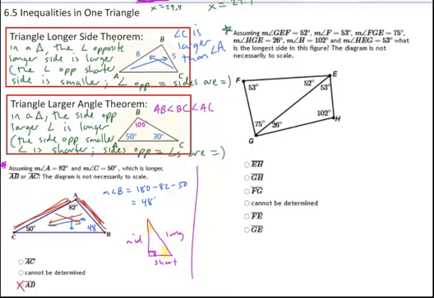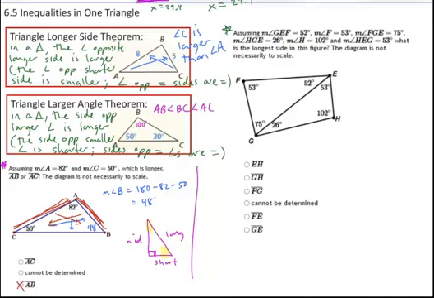Rather than trying to find what the answer is, we're just going to eliminate the sides that you know cannot be the answer, and then we'll see what's left, and you should be left with just one answer. All right, so all of our angle measures are labeled here. So let's start looking within one of the triangles. So let's look at EGH first. So if we consider triangle EGH, what's the longest side in that triangle?